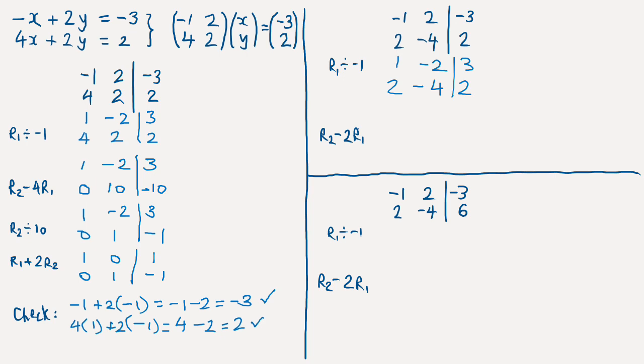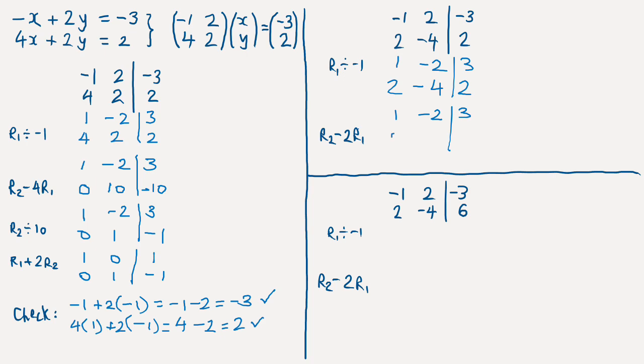And then we're trying to get a 0 in the bottom left position, so we're going to take the second row and subtract 2 times the first row. So first of all, we'll just write the first row again, and then second row, replace it by the second row minus 2 times the first row in the previous step.